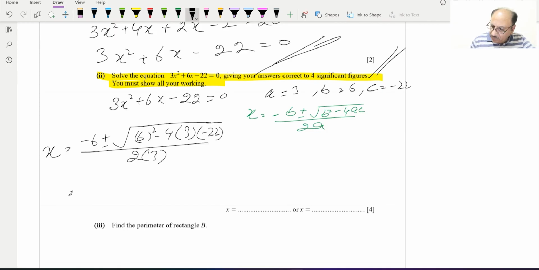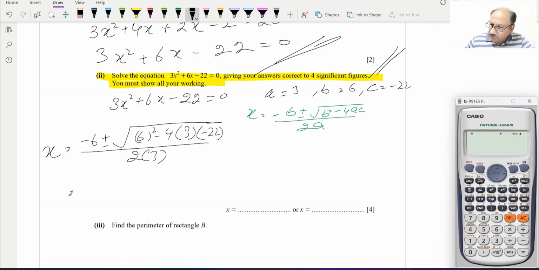And now we can calculate. First we will calculate for plus, and then we will change sign, so this will be 6 square minus 4 into 3 into minus 22 in brackets, divided by 6.